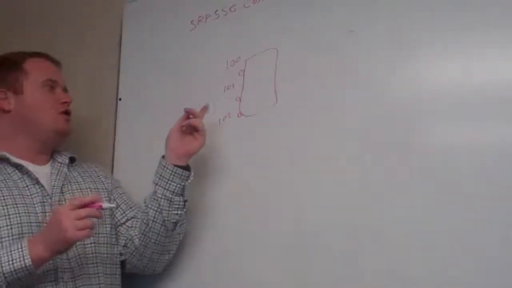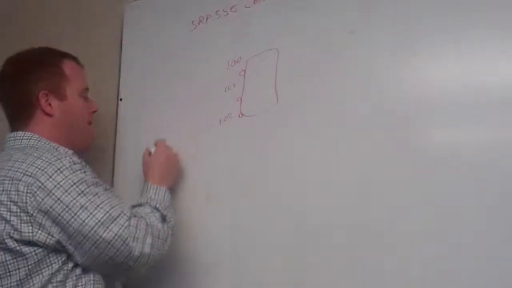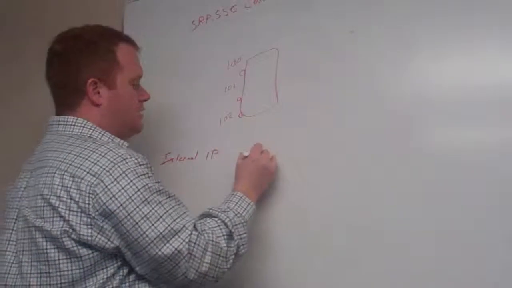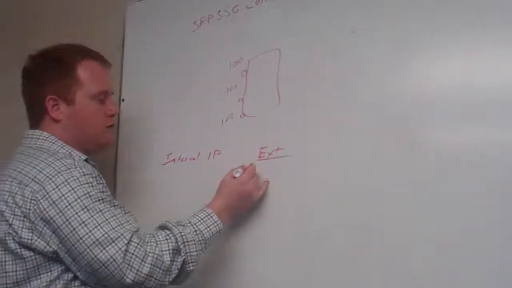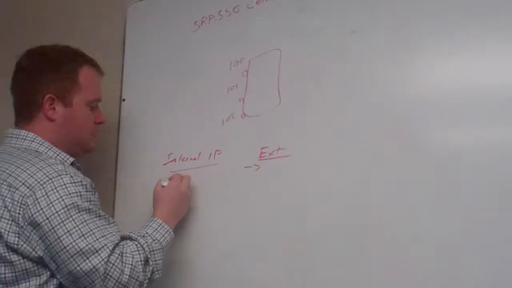So we allow this to work. The only way to make it work is we have what we call internal IPs and external IPs. The external IPs are the ones that you've provisioned in your realms. The internal IPs are always going to be these 169 addresses.